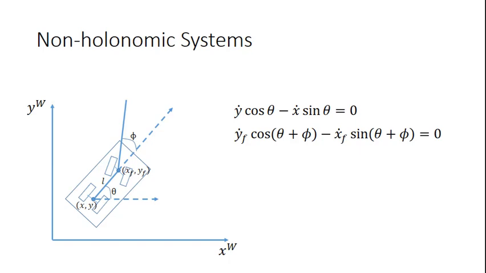So we're going to add a point right here, xf, yf, for x front, y front, and that's going to be the point in between the front wheels, and the front wheels are also moving subject to a constraint, and it's this new equation I listed here. It's basically the same equation: yf dot cosine some angle value minus xf dot sine equals 0. The difference is in the angle value inside the trig function. Instead of only theta, we now have theta plus the steering angle.